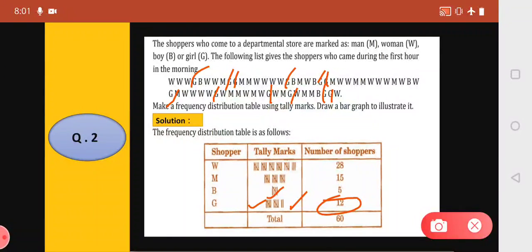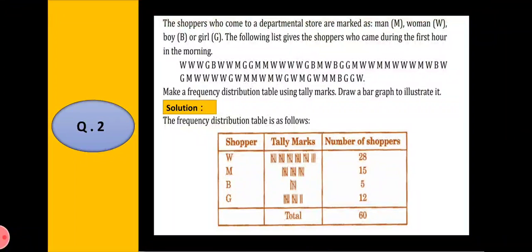You have to cross check these frequencies also, so that we don't make a mistake by skipping any of the given observations. So in total there are 60 shoppers who visited the departmental store. Now after making the tally mark frequency distribution table, let's draw the bar graph.